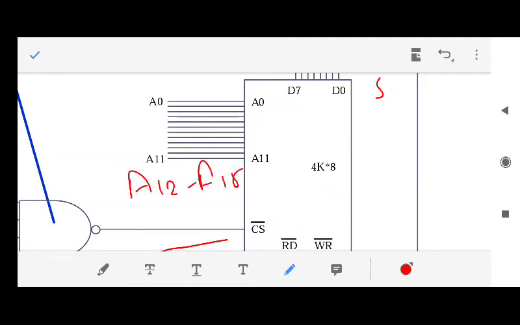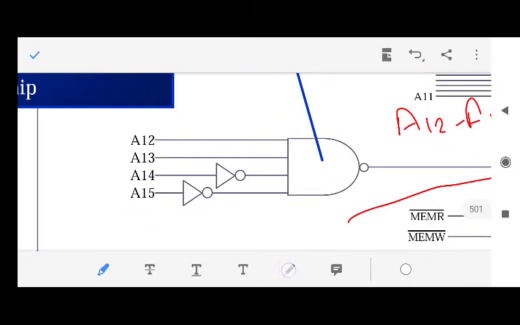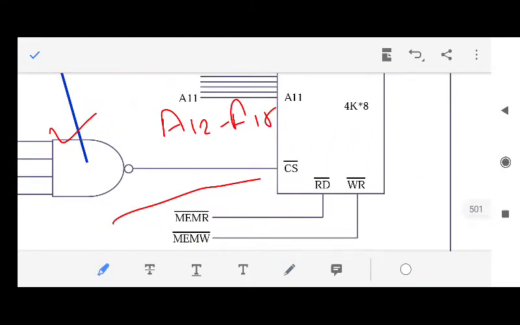So we have connected those remaining address lines A12 to A15 to a NAND gate. Fine. What will this NAND gate do? To select this memory, we need a 0 signal.